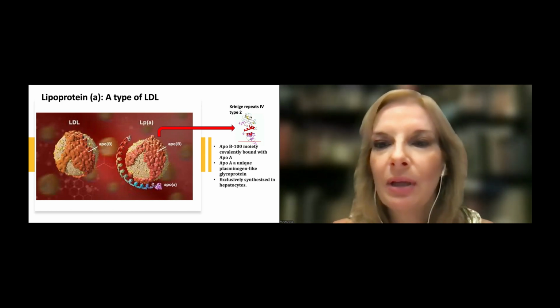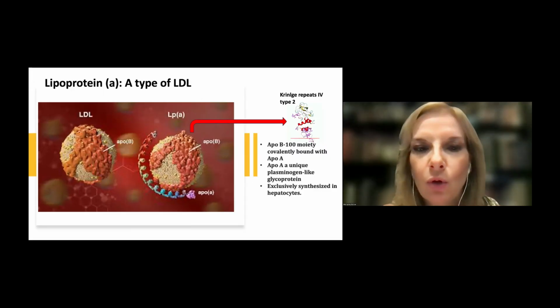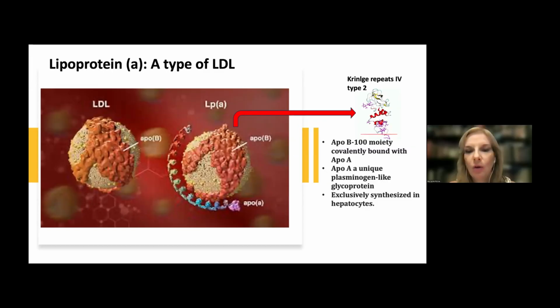However, lipoprotein A also carries another protein, called apolipoprotein A, covalently bound to ApoB. ApoA is a unique plasminogen-like glycoprotein and is produced only by our liver.